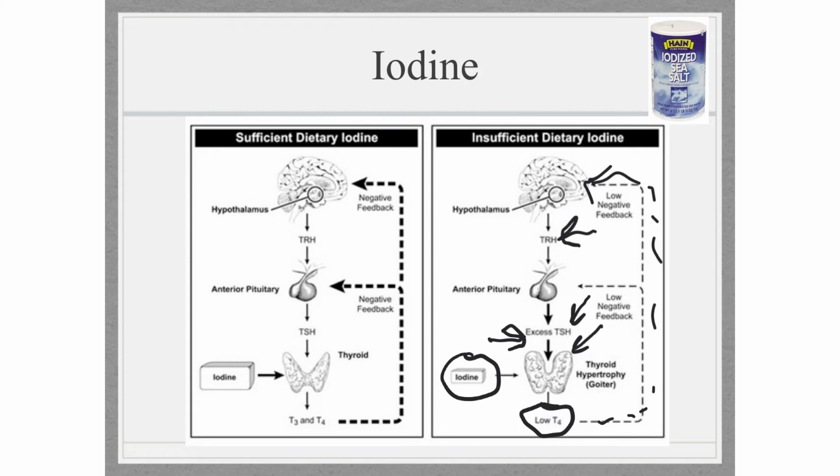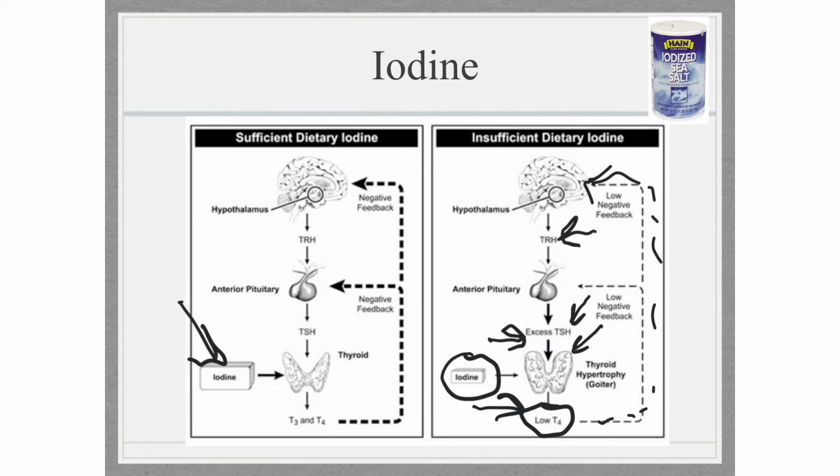It needs to have more cells housing more receptors to deal with all of this extra message, this extra binding of hormone. So if we have low levels of iodine, we'll never have adequate levels of thyroid hormone, so we'll have this continual feedback cycle encouraging more release.